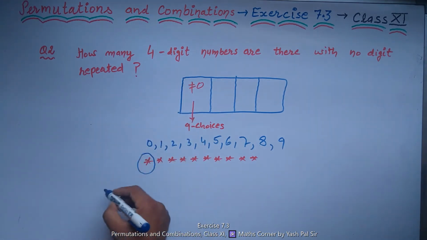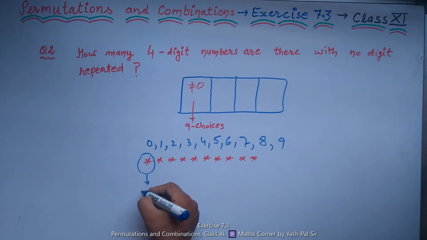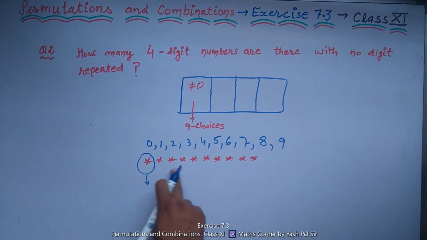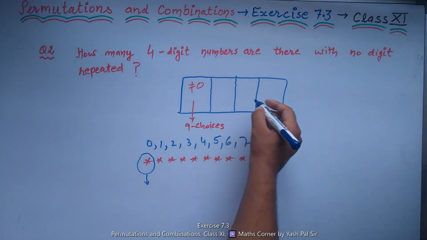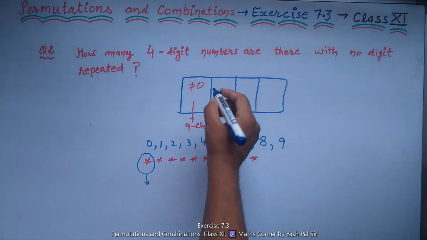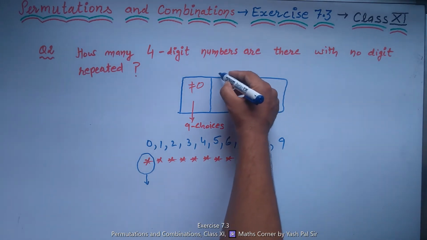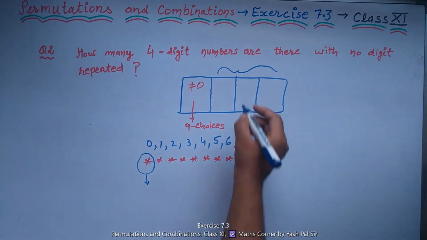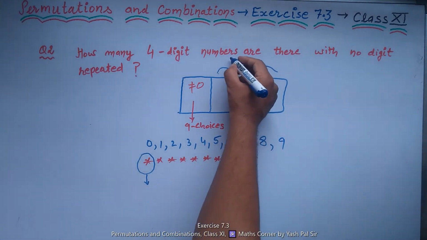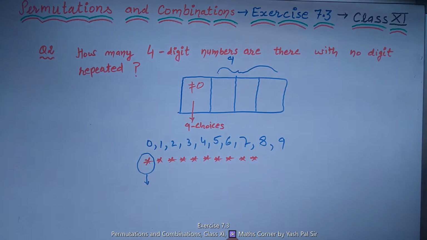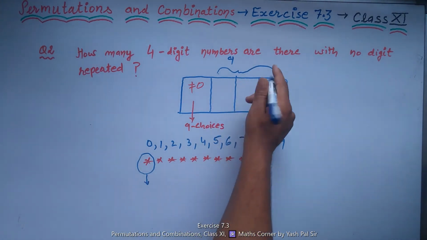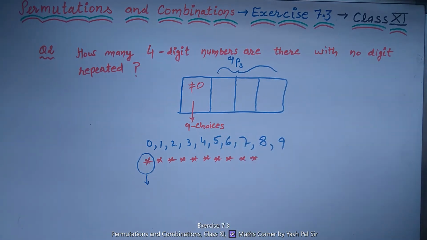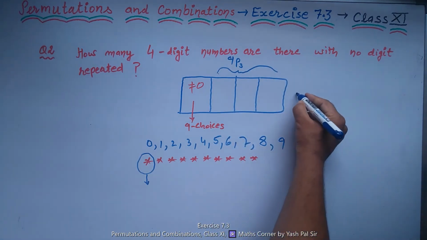Suppose we have used this digit. Now we are left with 9 digits. So in order to fill the remaining boxes, what we can say about these 3 boxes is we have 9 objects and we have 3 boxes to fill.